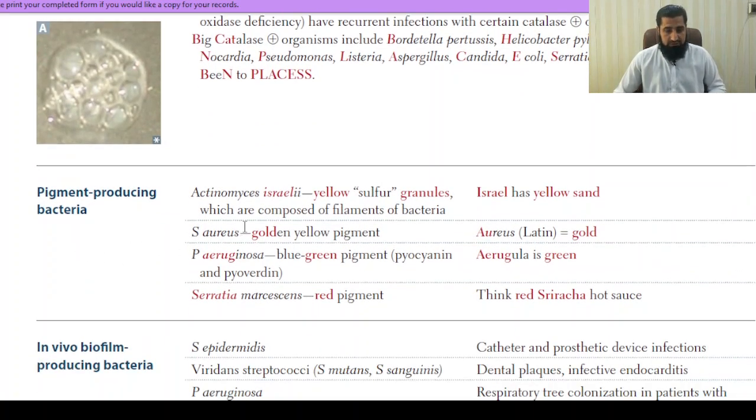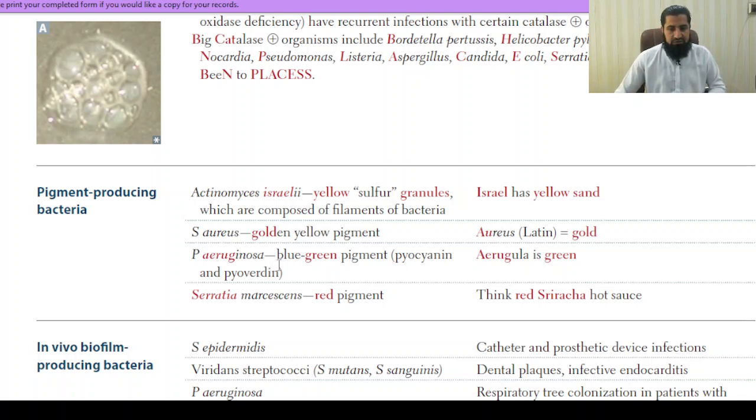Pigment producing bacteria. Actinomyces israelii has yellow sulfur granules, which are composed of filaments of bacteria. Israelii has yellow color. Staph aureus has golden yellow pigment; aureus means gold.